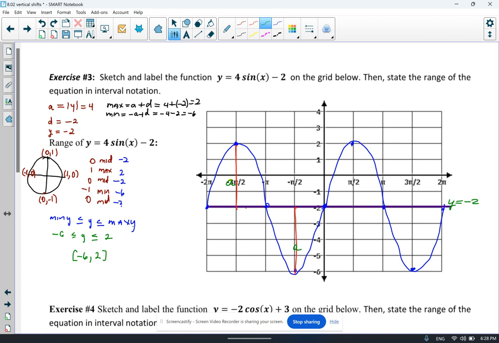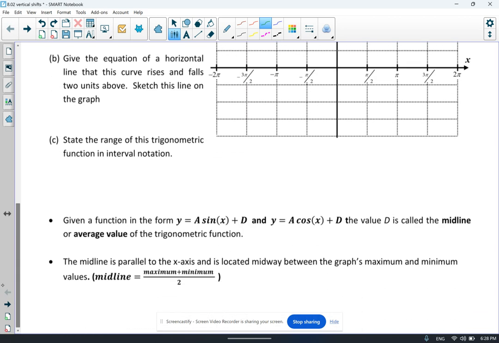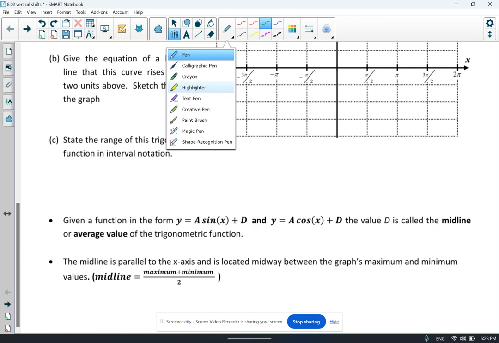What exactly is the midline? Because I think I rushed it earlier today, so I just want to make sure people understand. The midline is really the average value of the trig function. So it's the average of the max and minimum value. And you can see that formula here.